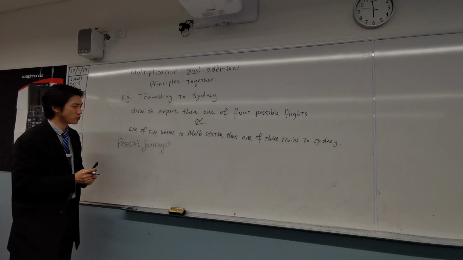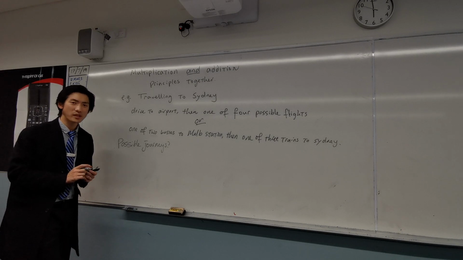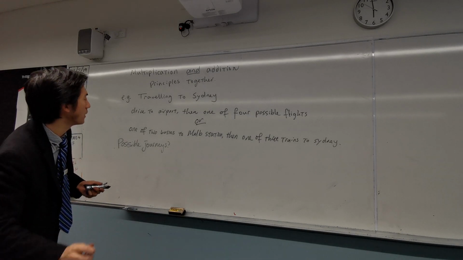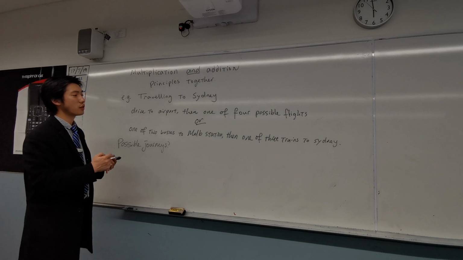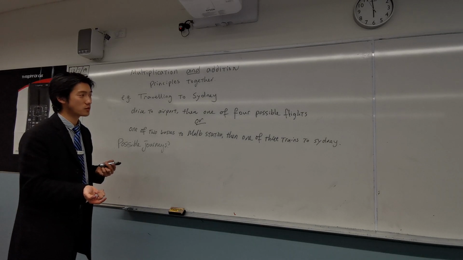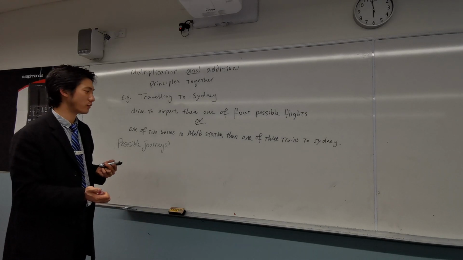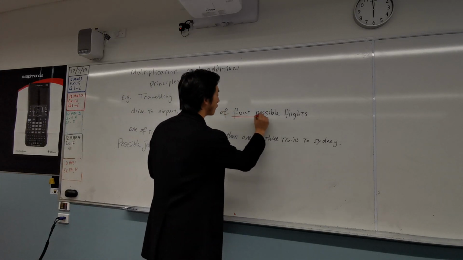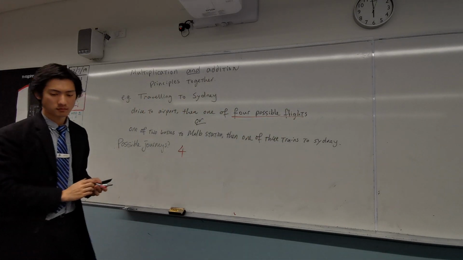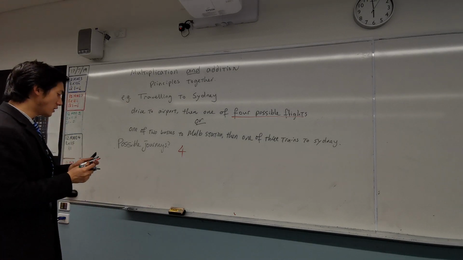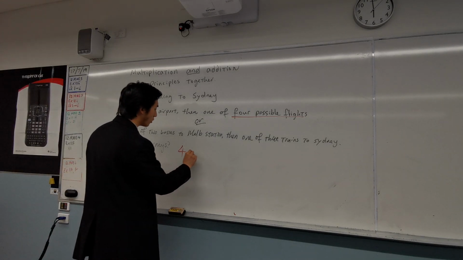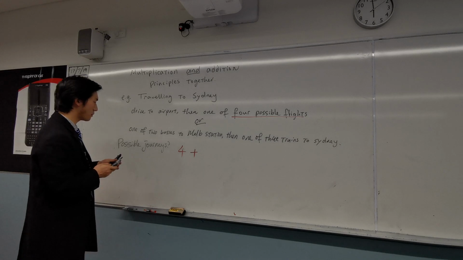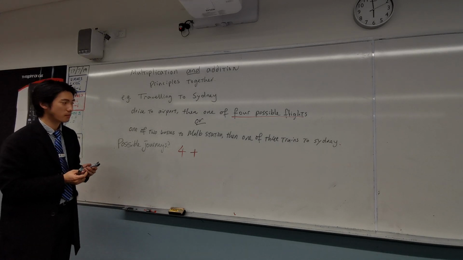So how many possible journeys do we have? Let's split up this question into parts. First, we have the 4 possible flights, which means right away we've got 4 different ways. 4 from the 4 possible flights. But in addition to that, we also have the possible trips by bus and train.